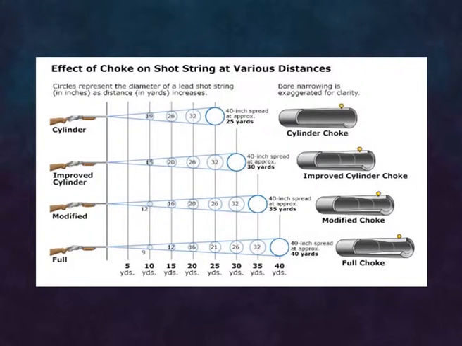The actual purpose of the fins is to allow the slug to be safely swaged down when fired through a choked shotgun barrel. Although accuracy will suffer when such a slug is fired through chokes tighter than the improved cylinder. Cylinder choke is the recommended one for best use.